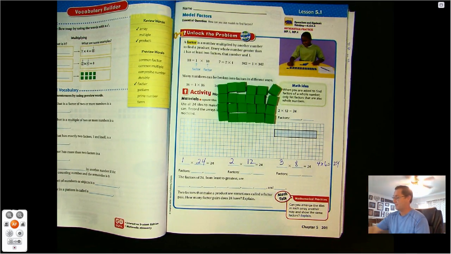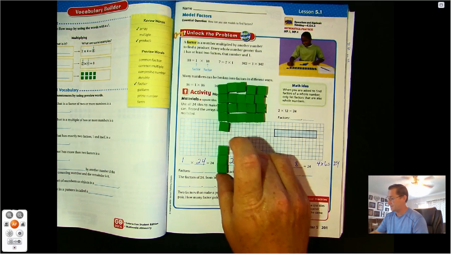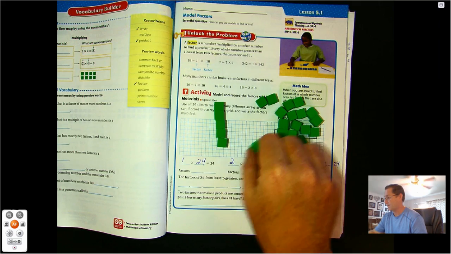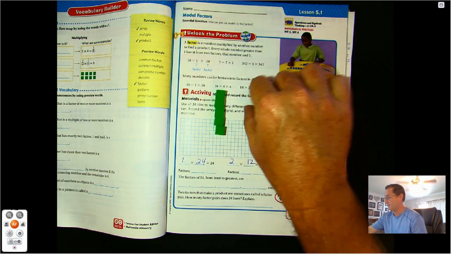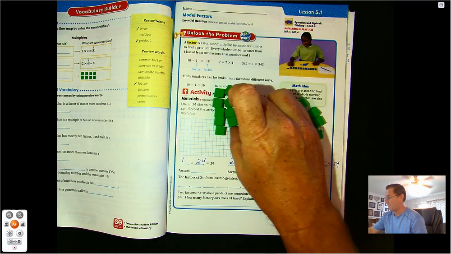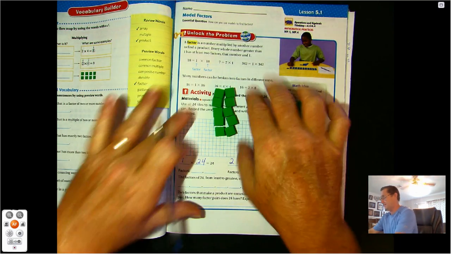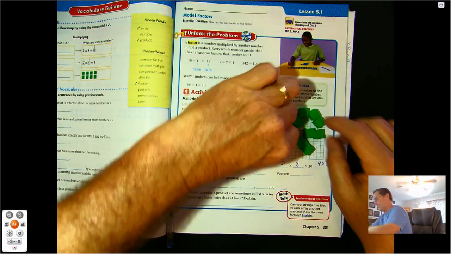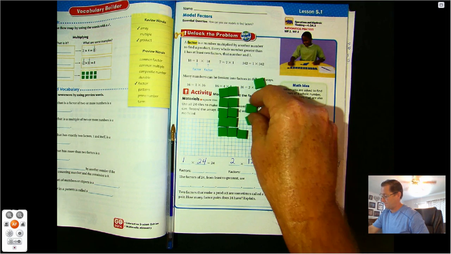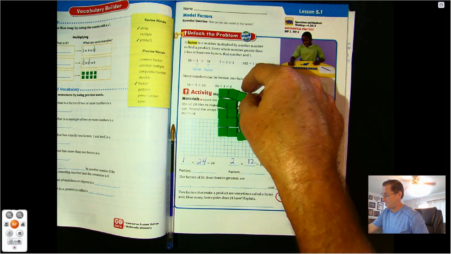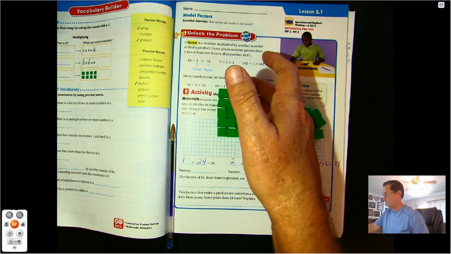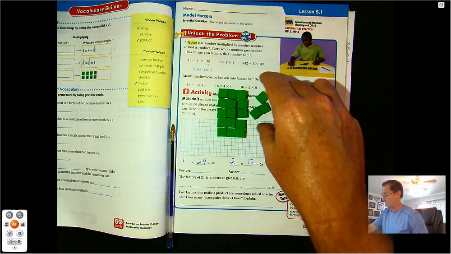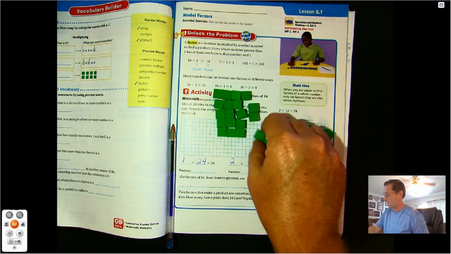Now let's say I try 5. I want to show you one where it won't work. So there's 5, and then we'll go 10, 15, 20.